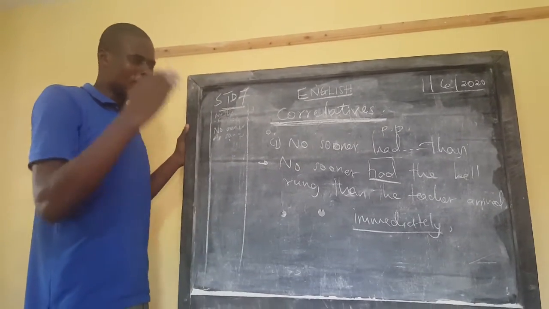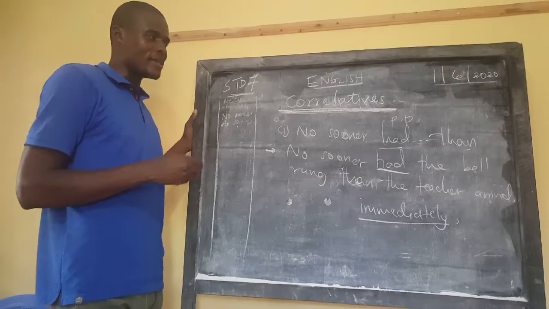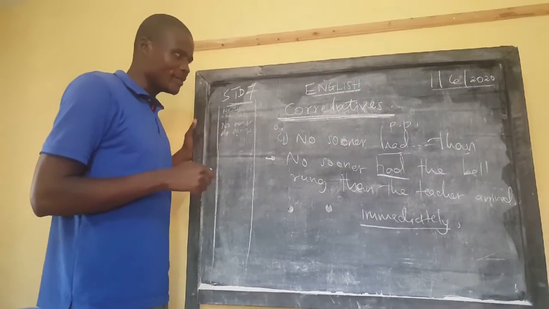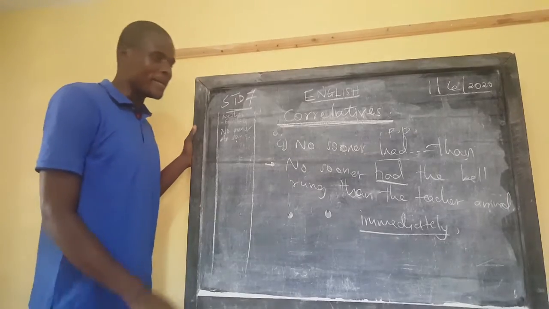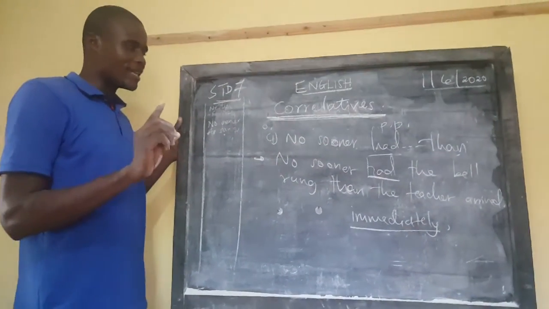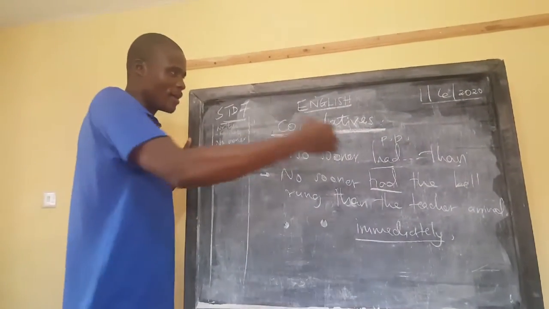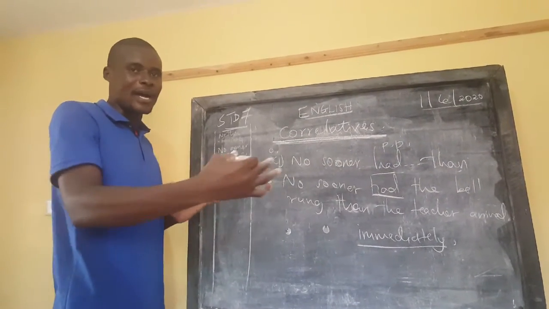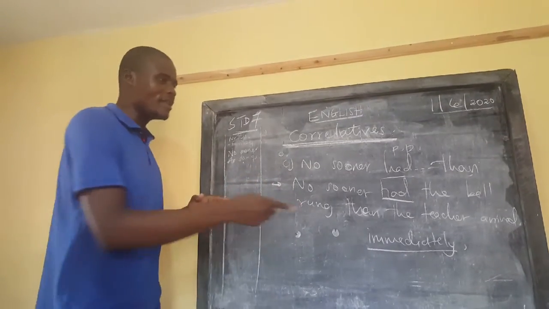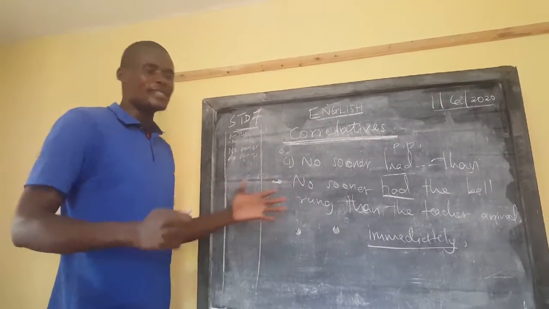So one thing follows, immediately one happens. The bell rings, not how the bell rings, and there the teacher appears by the door. So when you get it right like that, that immediately one happens, the other one happens. Not that they are happening concurrently. There's no concurrent happening. That the bell is ringing.